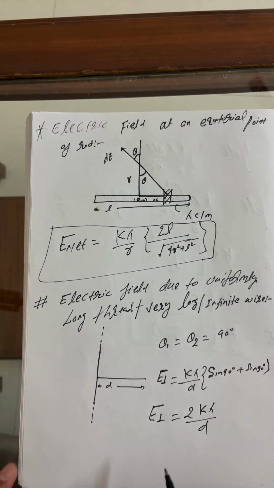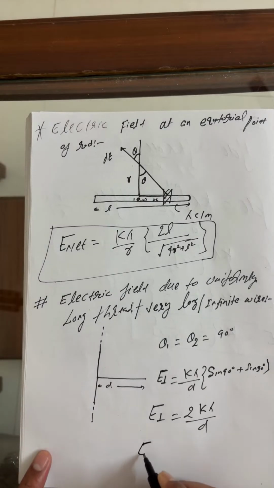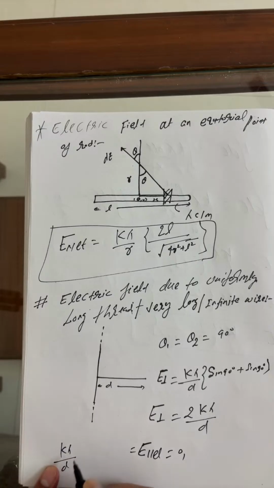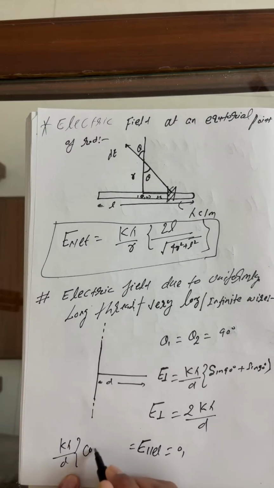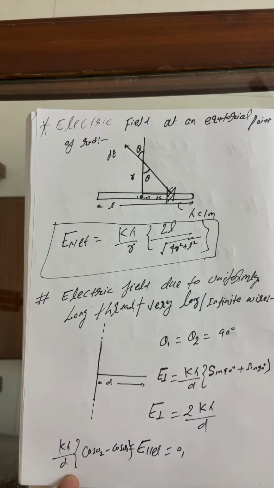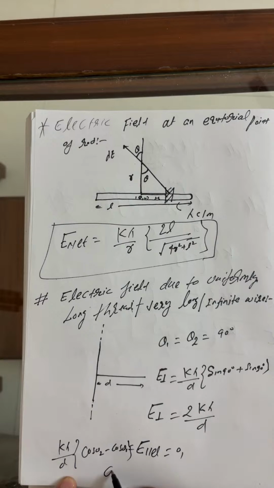Very good. Now what about E parallel, my dear? E parallel is zero. Why zero? The E parallel formula is k lambda by D into (cos theta 2 minus cos theta 1), and cos of 90 degree equals 0.